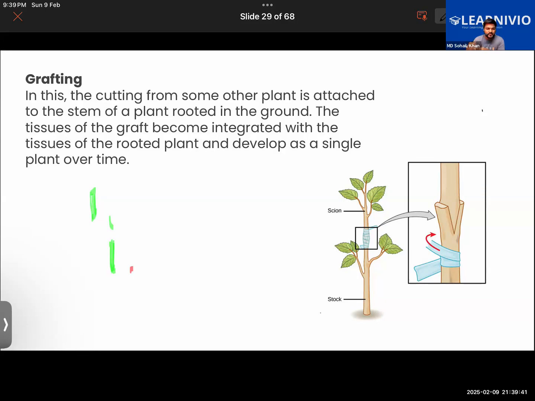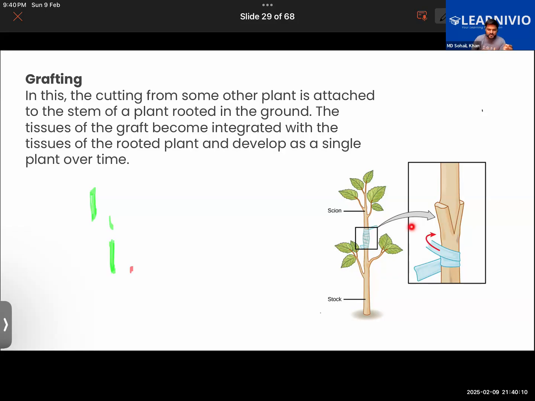But you have plant B, whose root system is not that good, but the shoot system is very good. It bears healthy fruits, which are bigger in size and sweeter. If you were to combine them together, as a result we will get a plant whose root system will be good, plus the fruits growing on it will also be very good. So that is all about this method of grafting.